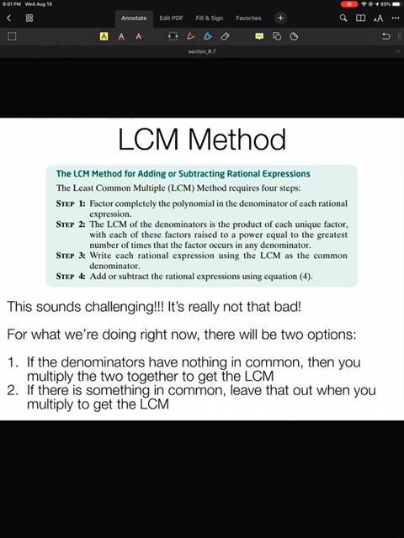If there's something in common, to find the least common multiple, you multiply everything together that doesn't have anything in common. We'll see what that means in just a second.